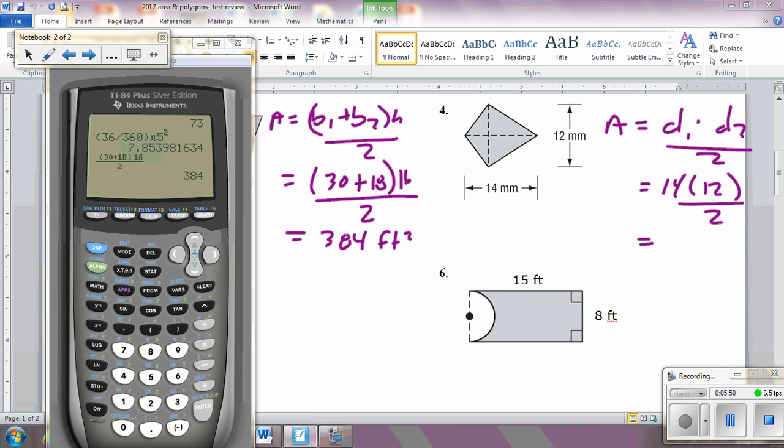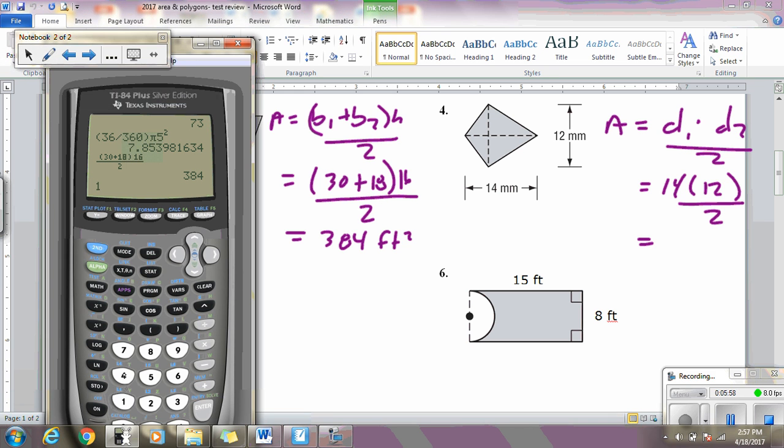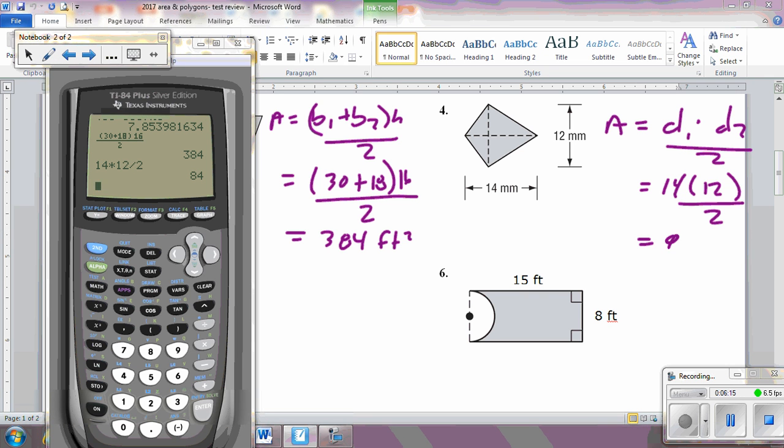So in our calculator, we can put 14 times 12 divided by 2 and get 84. So it's 84 millimeters squared.